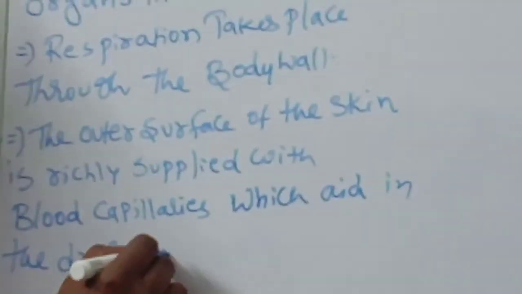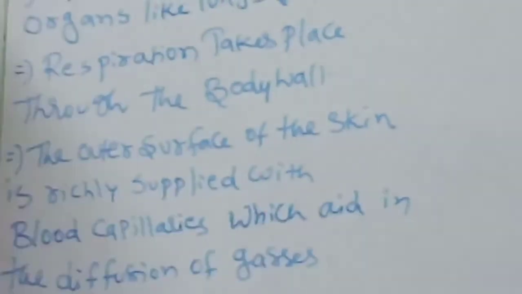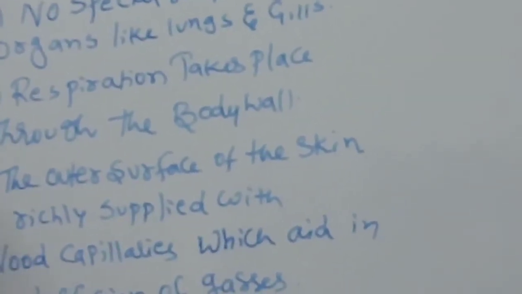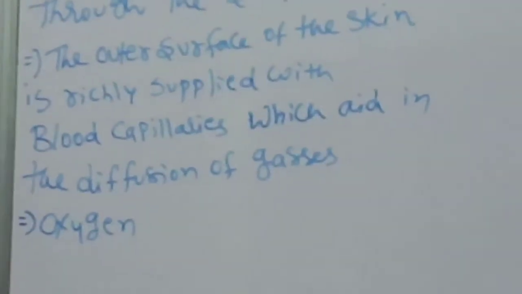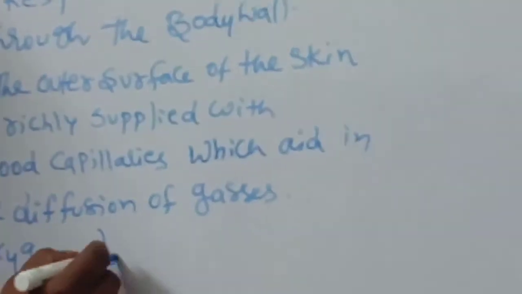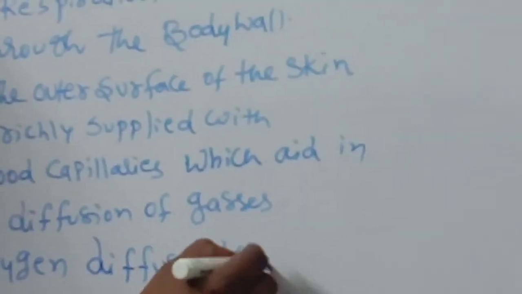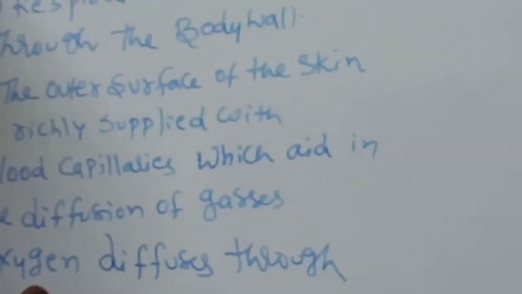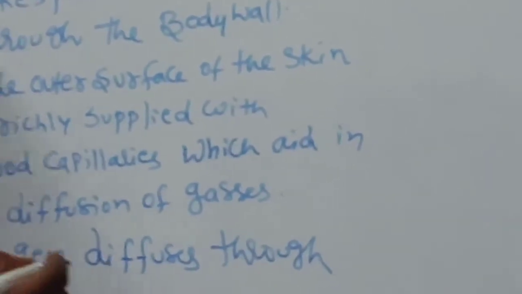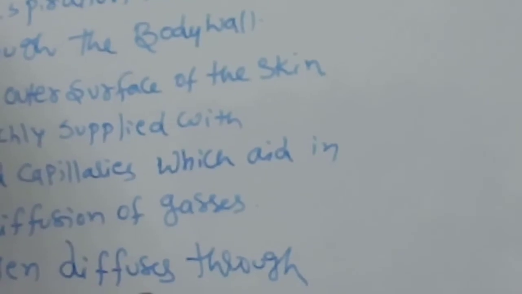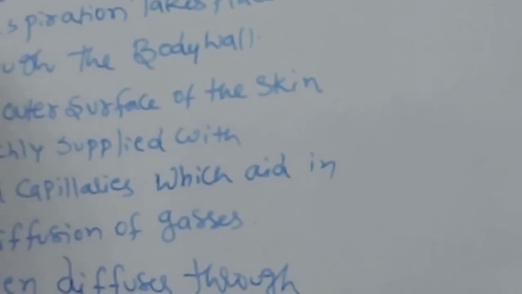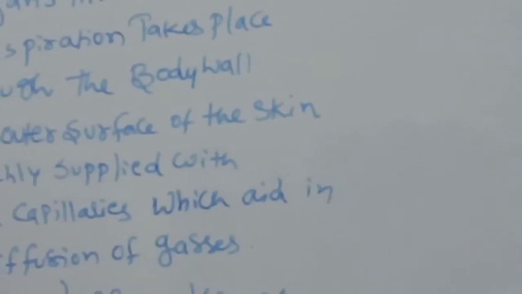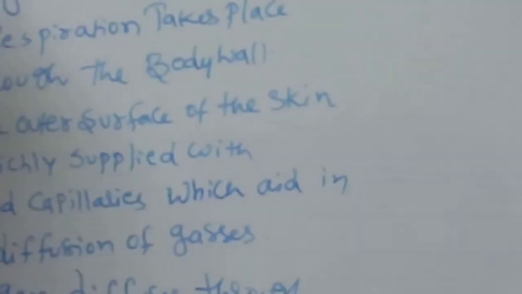Oxygen diffuses through the skin into the blood, while carbon dioxide from the blood diffuses out.